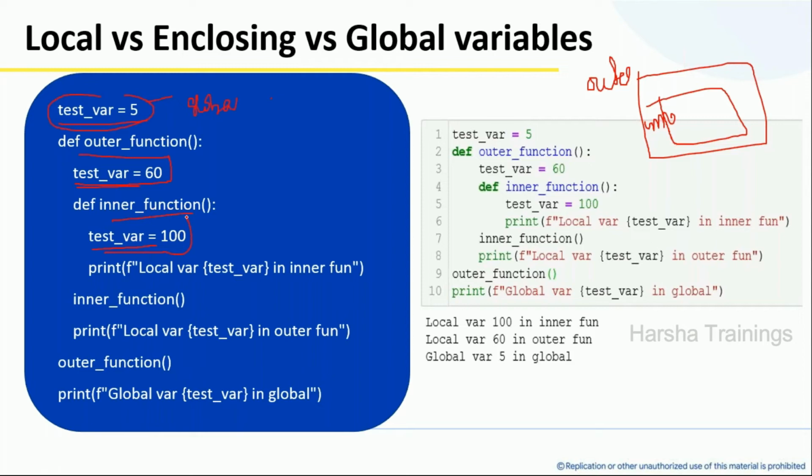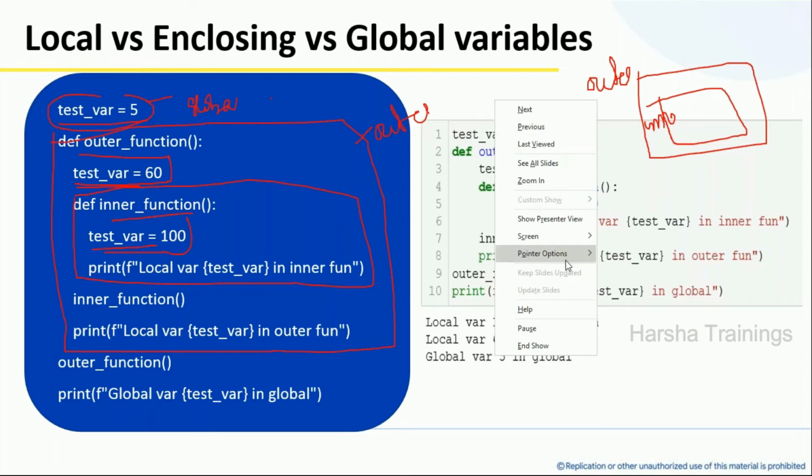Now let me discuss a small point. This is one function definition. Will you agree? This is one function definition. Now this is another function definition. Will you agree? Hello, please respond. This I will call outer.